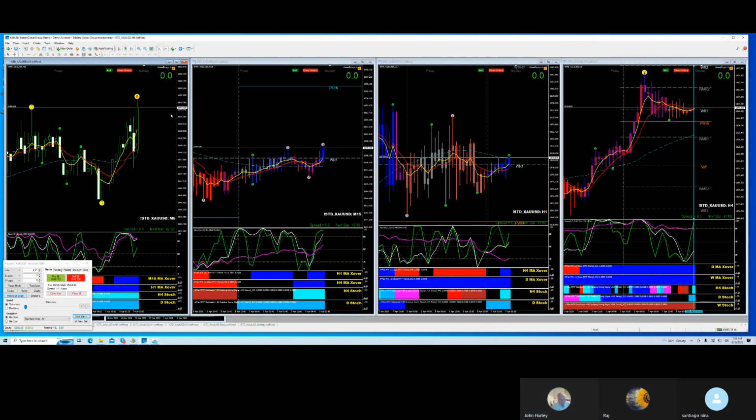Right. This will be a possible entry, but looking at this 15-minute bar, we want to wait for the next 15-minute bar to see if we still have a good trade. Okay.